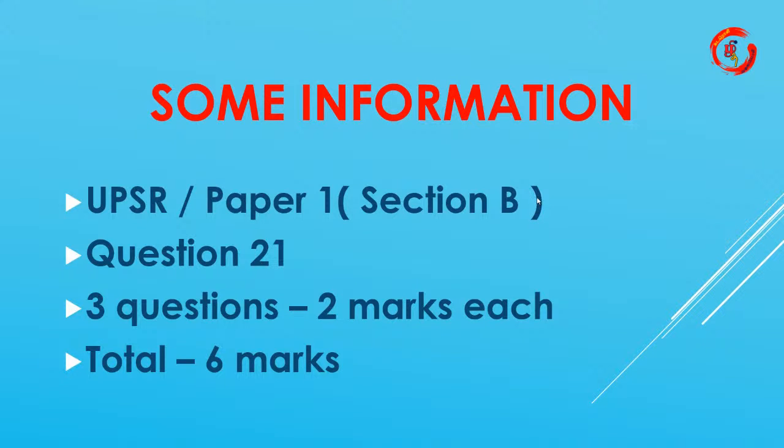So the total for this question is 6 marks. If your answers are correct, perfect, no mistakes, no errors, you will get the 2 marks. Actually, it's very easy to obtain the 2 marks. And at the same time, losing the marks there is also very easy.